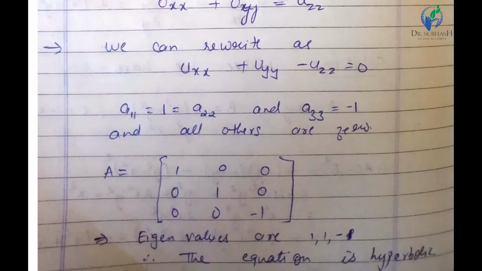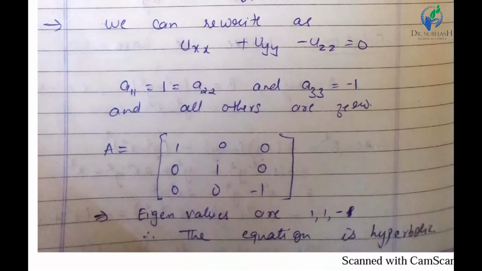We will transform this equation into matrix form. We get here the first column is 1 0 0, the second column is 0 1 0, the third column is 0 0 minus 1. Now this is a diagonal matrix and the eigenvalues here will be 1, 1 and minus 1.